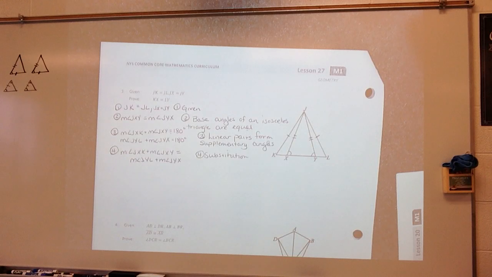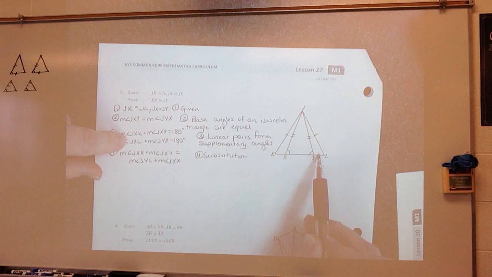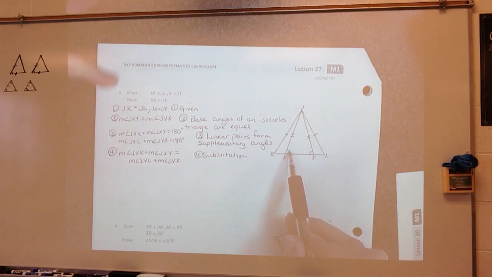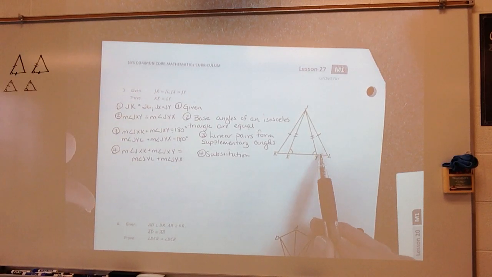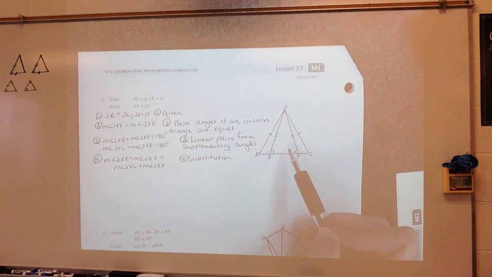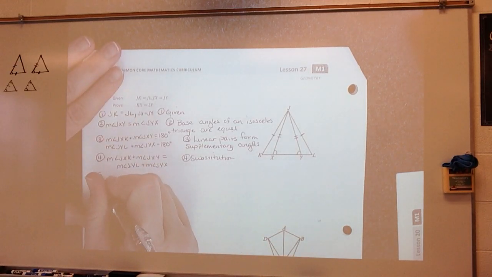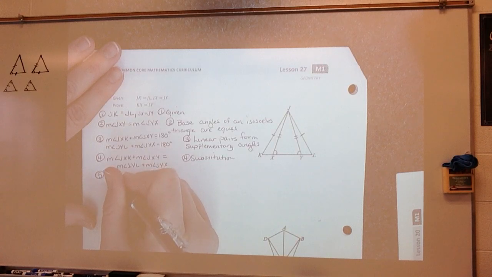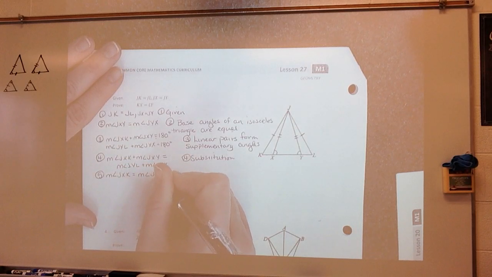Okay, now let's think about this for a second. So if I know that this is equal to this, say this is 50 and this is 50, what does this have to be? This has to be 130, that has to be 130. So now I can say that these two angles are equal. Alright? So the measure of angle JXK is equal to the measure of angle JYL.